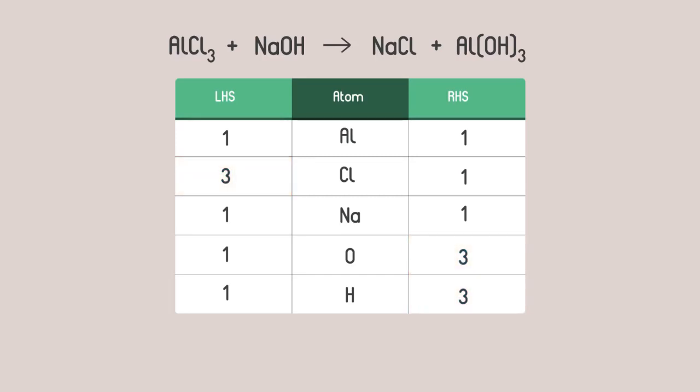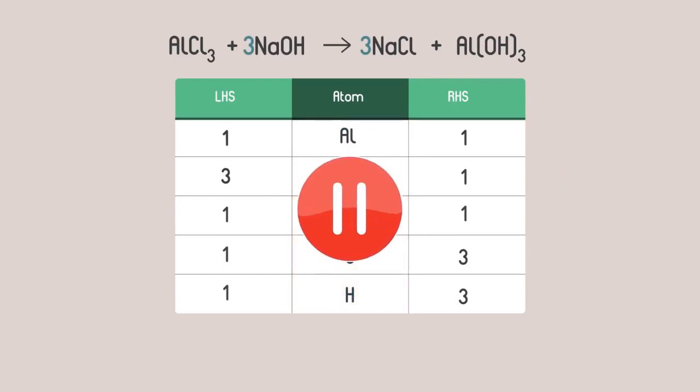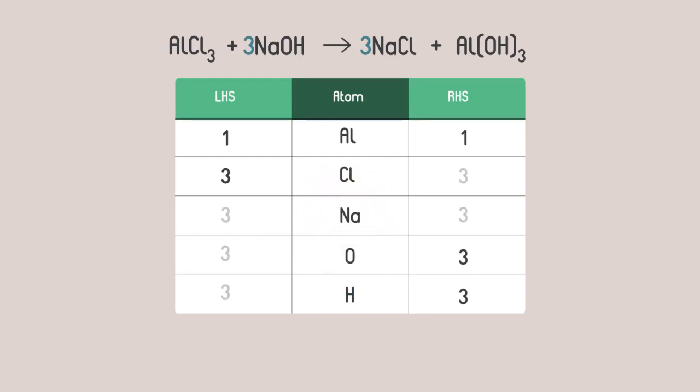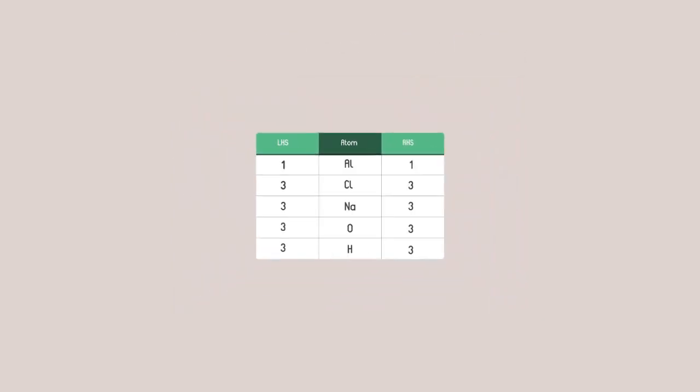So let's multiply the compound containing chlorine on the right by 3 and the compound containing hydroxide on the left by 3. Is it balanced? Pause the video whilst you fill in the table again. What do you get? The equation is now balanced. Let's look.